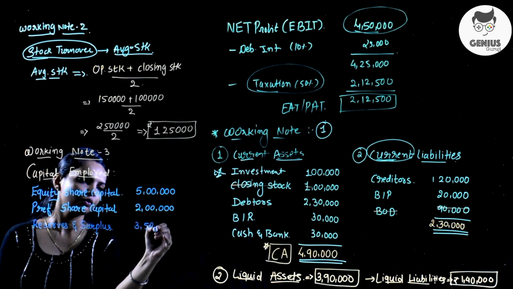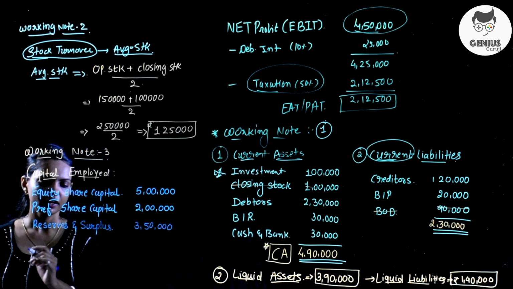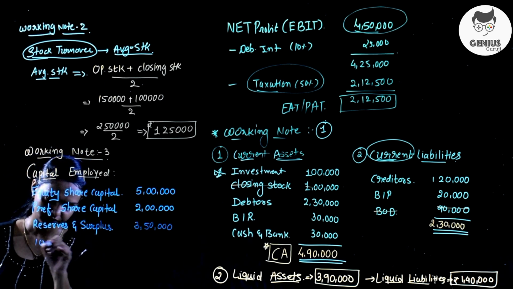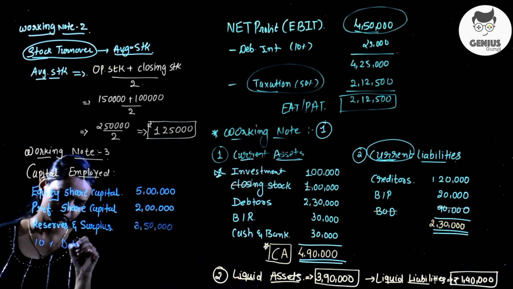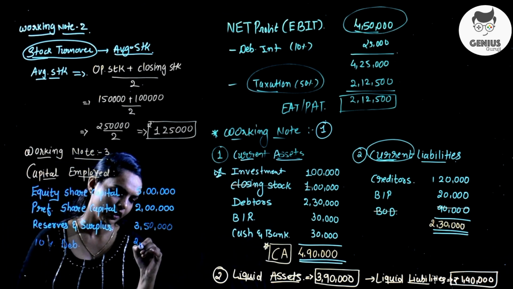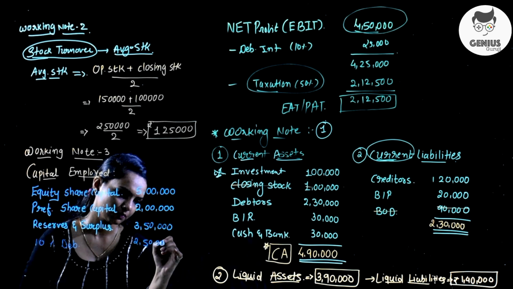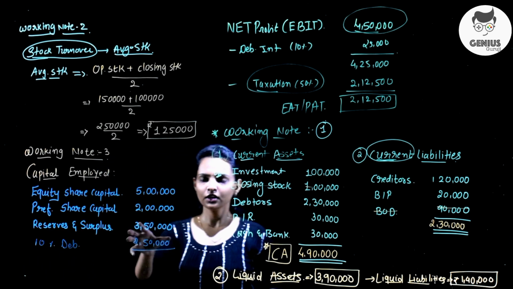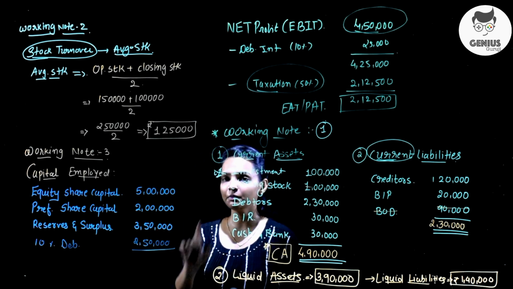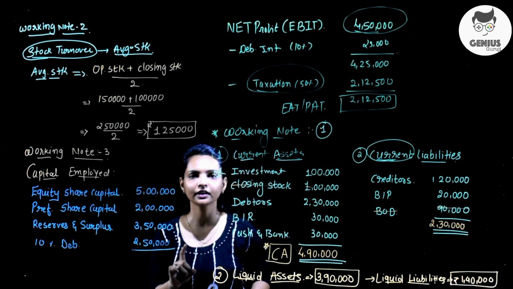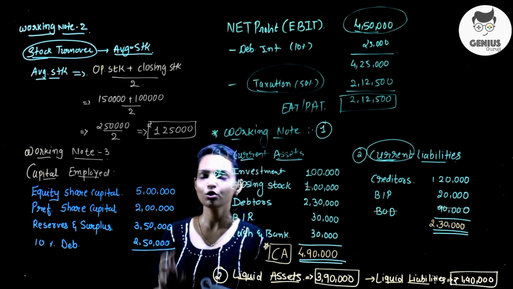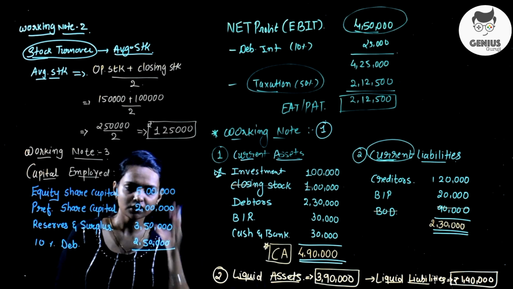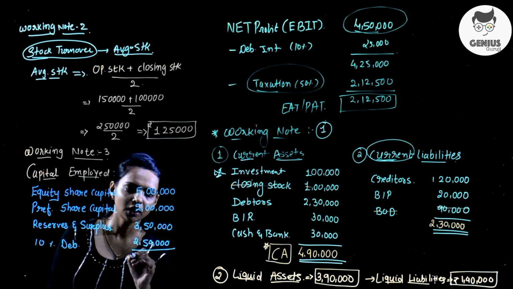Three lakh 50,000, and after that debentures 2 lakh 50,000. My capital employed is total? No, it's not completed. Why? Because I haven't deducted fictitious assets from this. So my capital is half. First of all, calculate this. Total sum of this is 13 lakh.